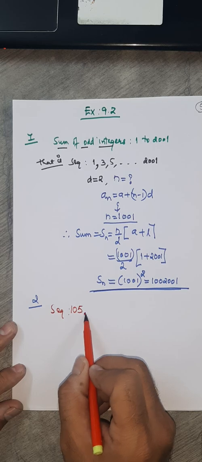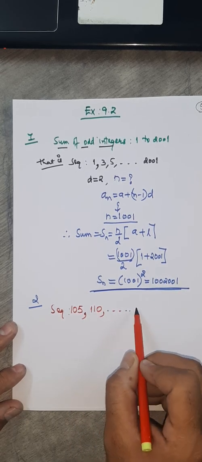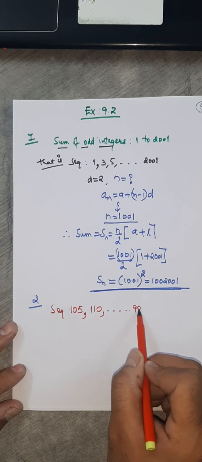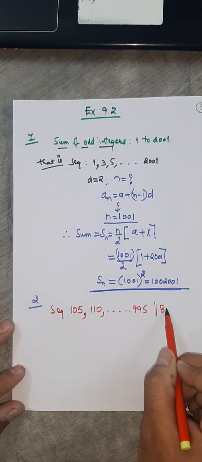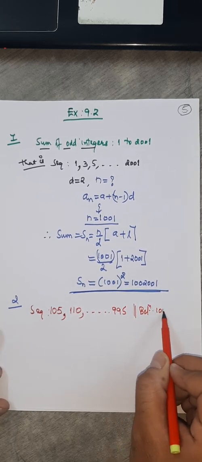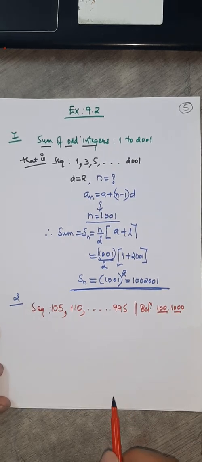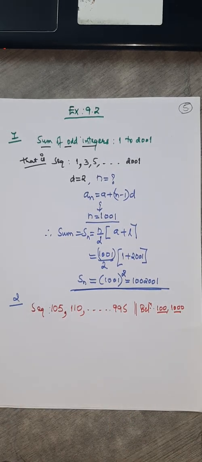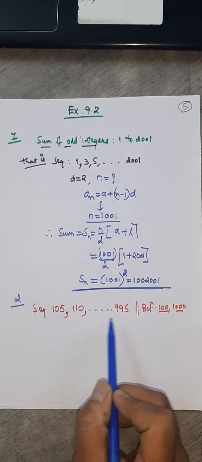It's written between, remember, so the last number is 995. You are asked between these two numbers, 100 and 1000, so these two numbers are not included. These two numbers are excluded here. So the first number is 105, the last number is 995.